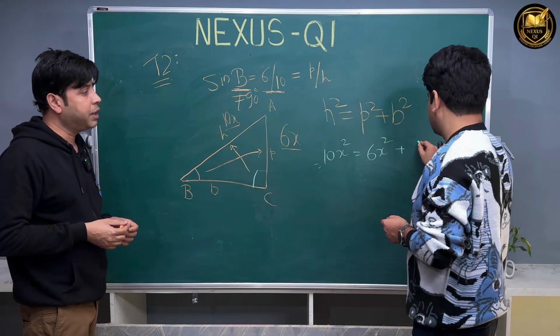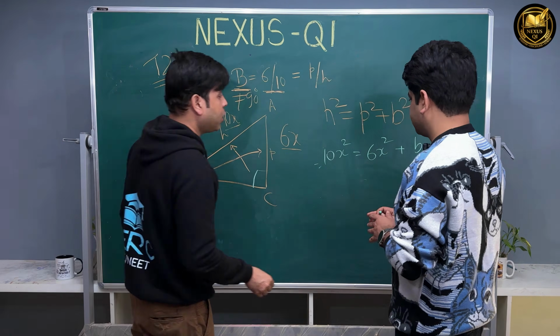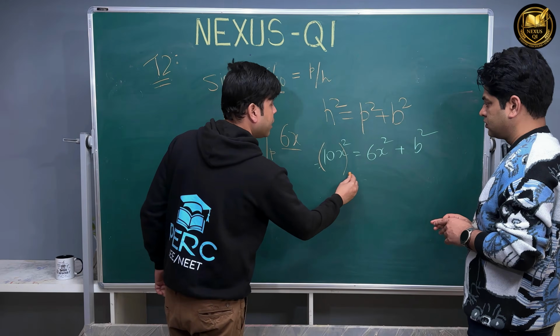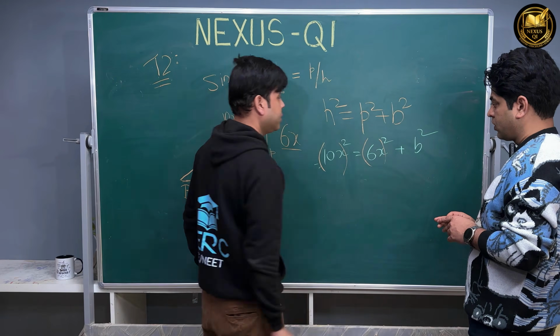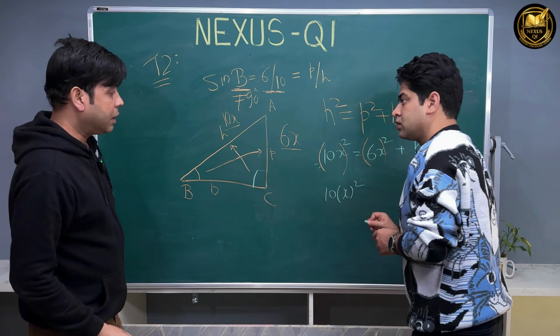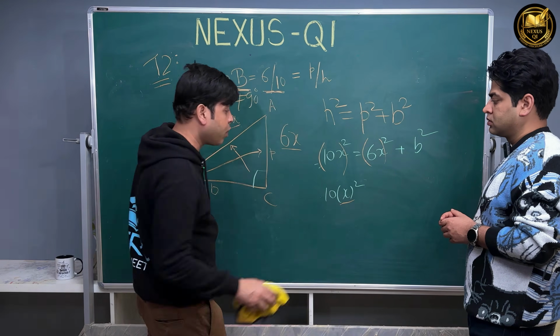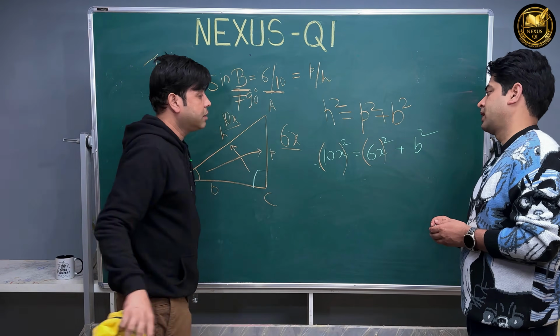And here always put brackets: 10x whole square, 6x whole square. We can't write it like 10x square, because then the square is only for x. That is wrong. We have to square the entire 10x. Got it?